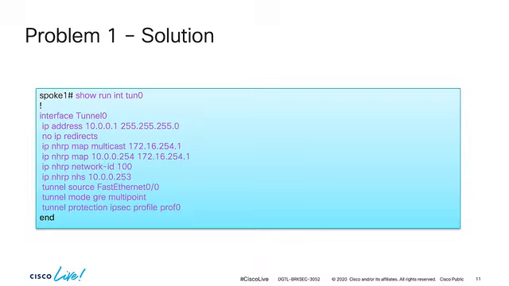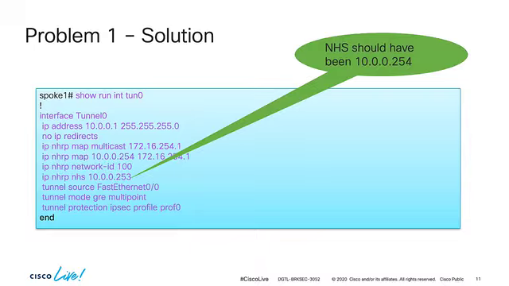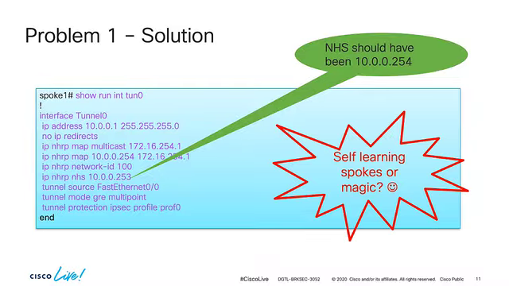So look at this ip nhrp nhs entry. It is actually pointing to 10.0.0.253 for tunnel 0, and ideally it should have pointed to hub 1, which is 10.0.0.254. Is there some kind of artificial intelligence or magic?